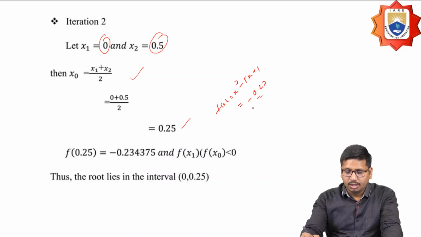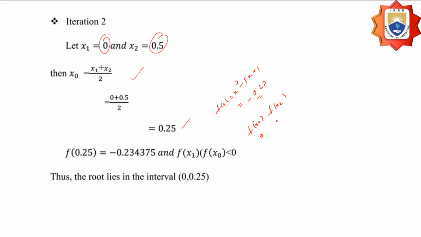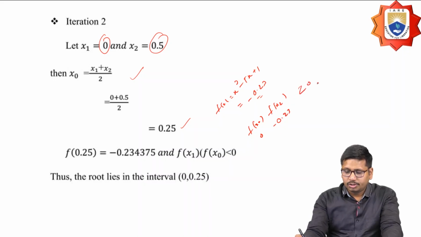So this should also be, f of x0 is 0 and f of x2 here is minus 0.2, that should be less than 0, so the root is going to lie in between 0 and 0.25. So that is x0 and x2 here.